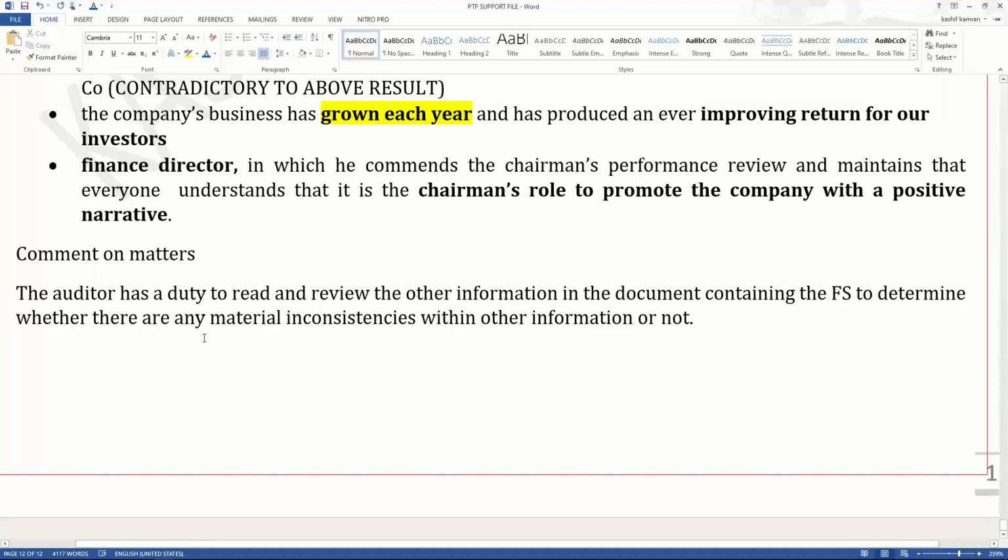So you said the auditor has a duty to read and review the other information in the document containing the financial statements to determine whether there are any material inconsistencies within the other information or not.